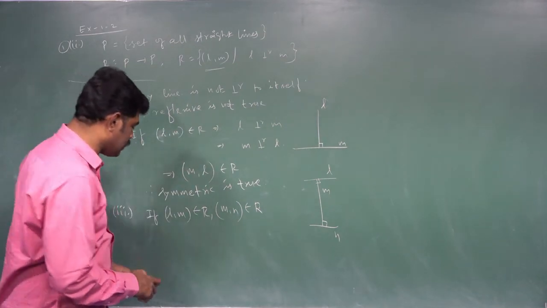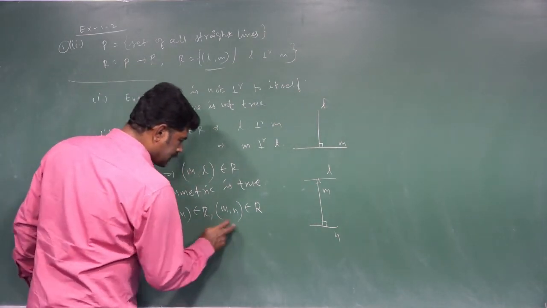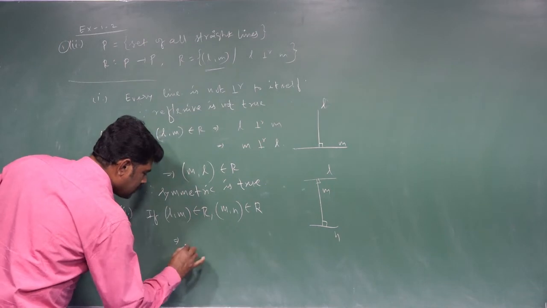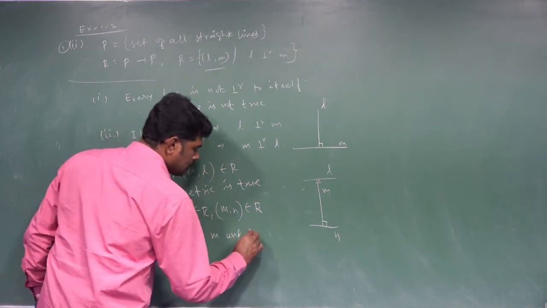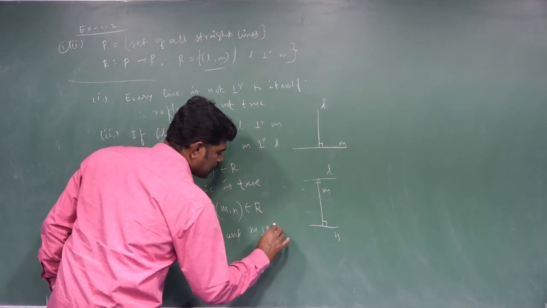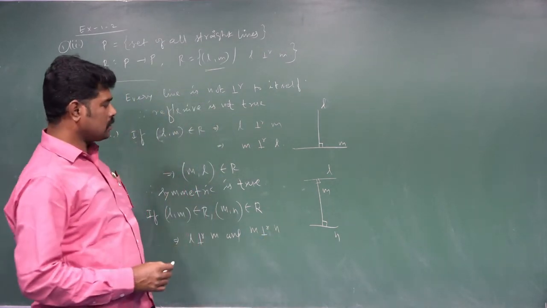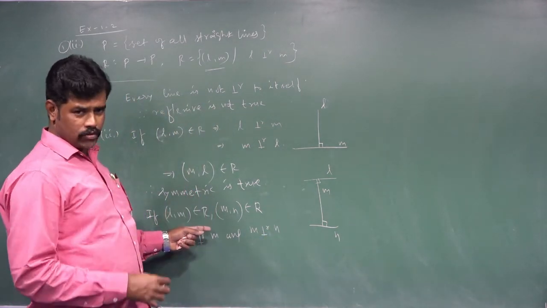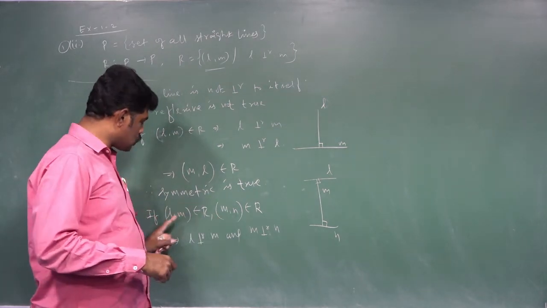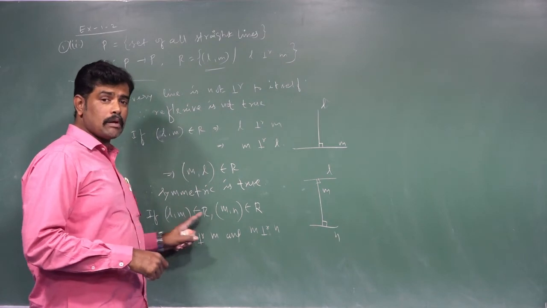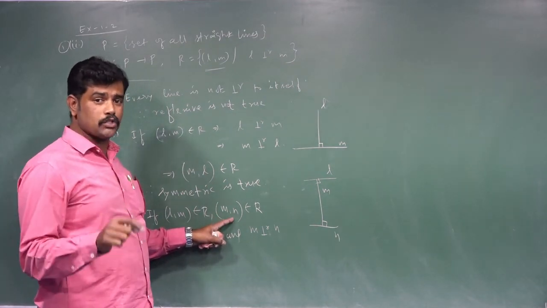Now see clearly, if these two exist in the relation R, clearly we can get L is perpendicular to M and M is perpendicular to N. But for the transitive case, we should get L is perpendicular to N. Then only the transitive is true.